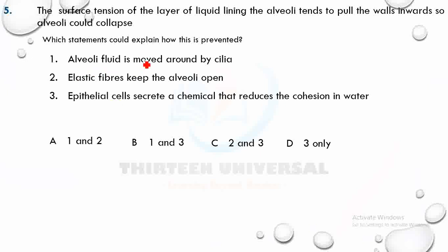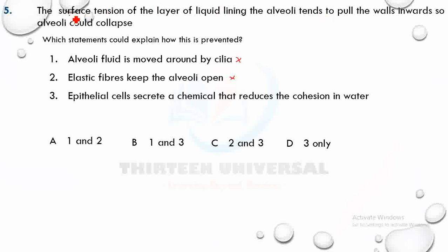Alveoli are moved around by cilia. There are no cilia in alveoli. That's wrong. Elastic fiber keeps the alveoli open. Elastic fiber doesn't keep it open. Epithelial cells secrete a chemical. Anyway, it might keep it open, but it has nothing to do with surface tension.